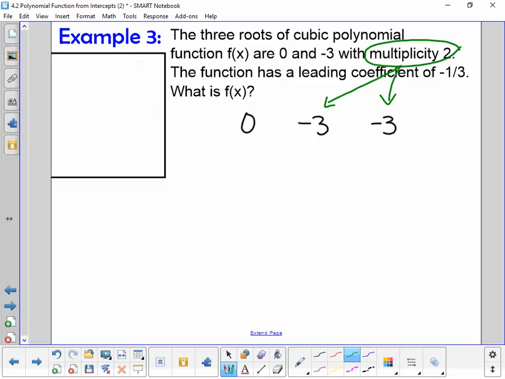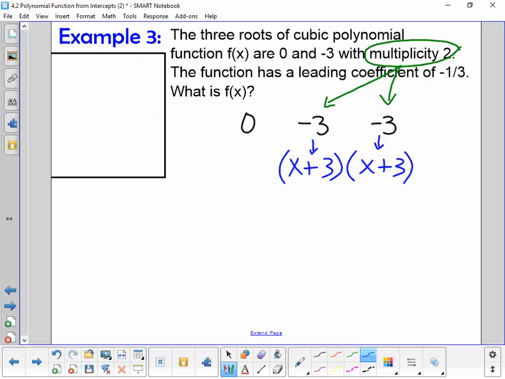So for each of those zeros or roots, we're going to write the factor that goes with it. For a -3, it's going to be a factor of x plus 3. For the root -3 over here, hey, it's the same. We have another factor of x plus 3.